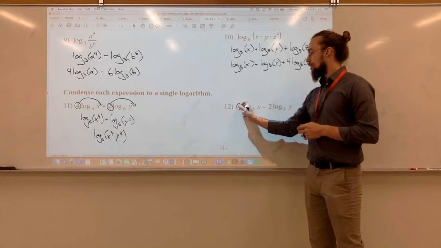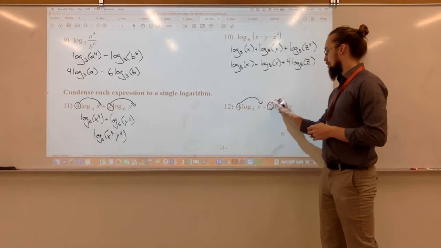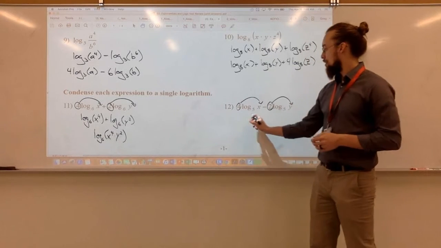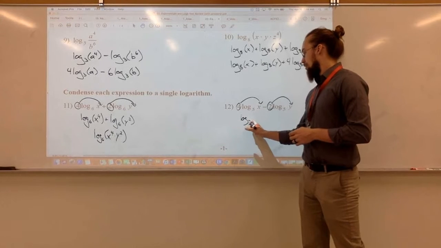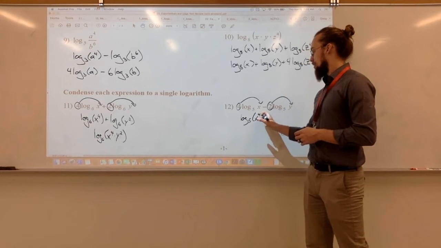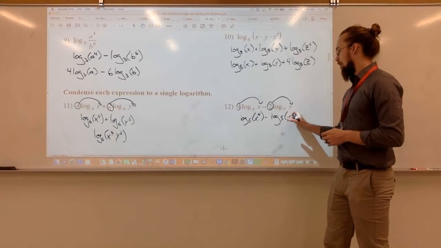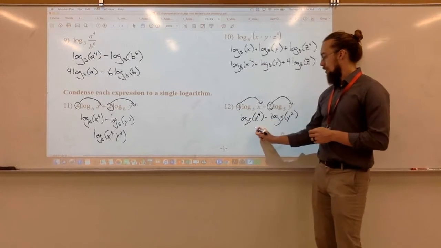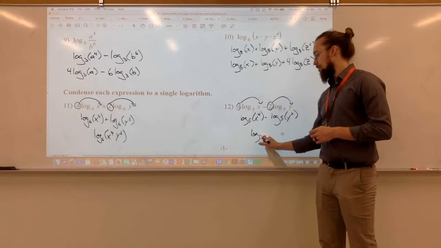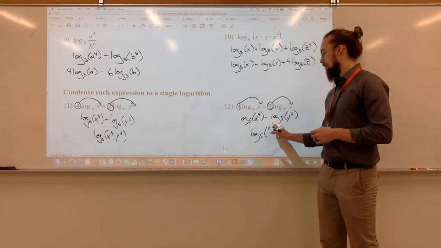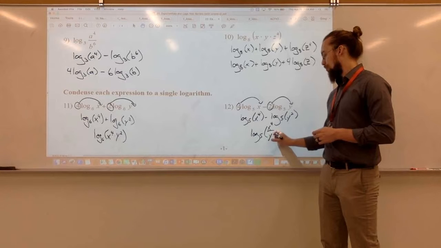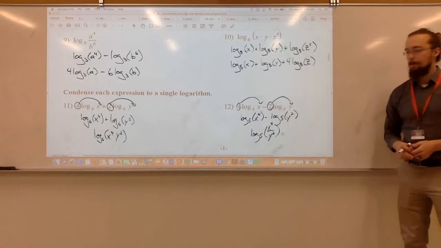Again, first thing, bring the coefficients up as exponents. So this will be log base 5 of x to the 4th minus log base 5 of y squared. Then divide what's on the inside. So log base 5 of x to the 4th over y squared.